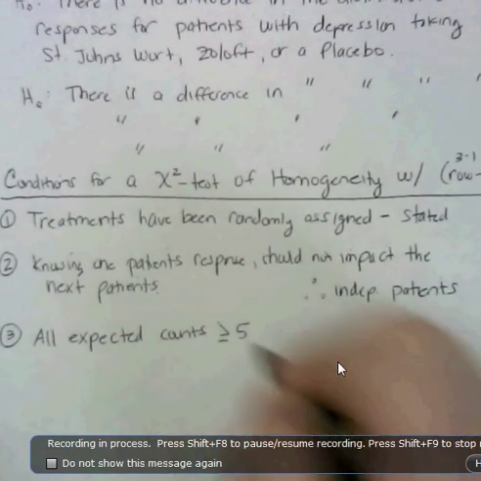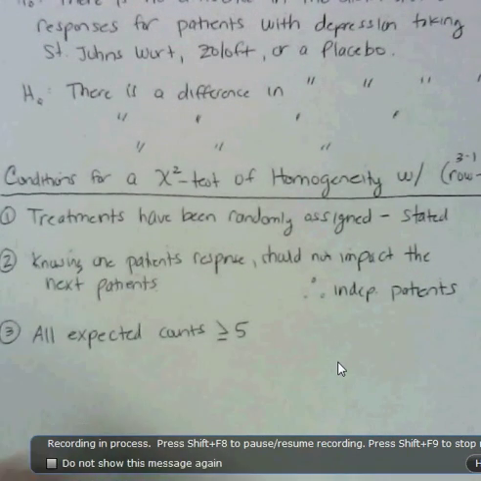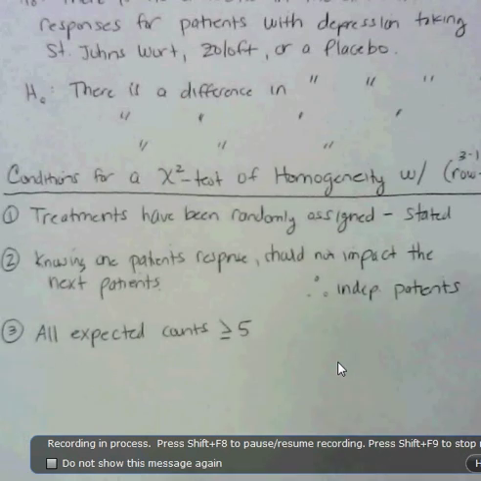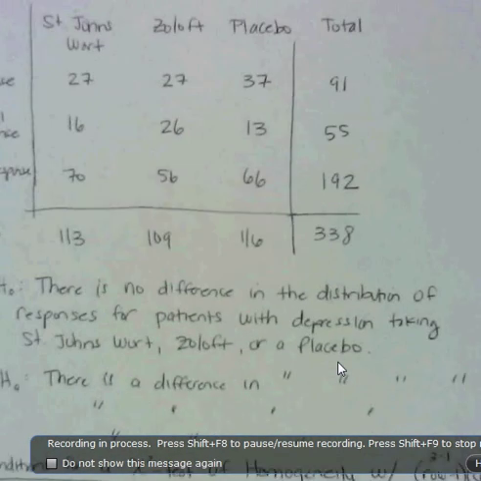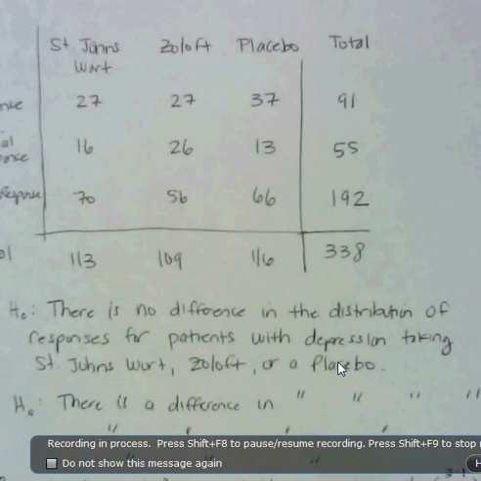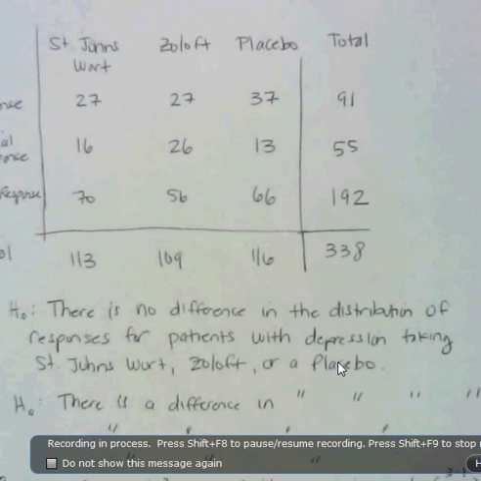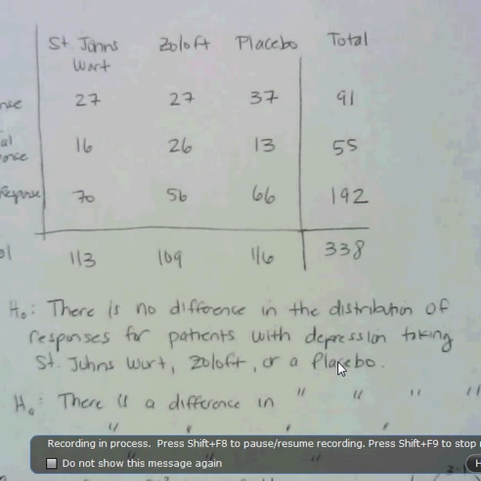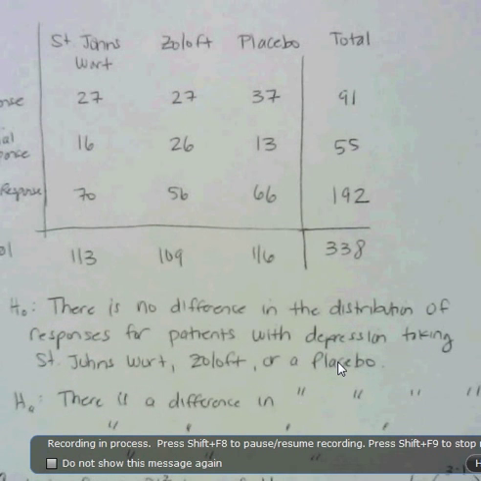I guess greater than or equal to at least 5. So for this, now we've got to go back up to our table. And the assumption is that there's no difference between what drug you are and what your response is. So we're really looking at, we need these things to be independent.